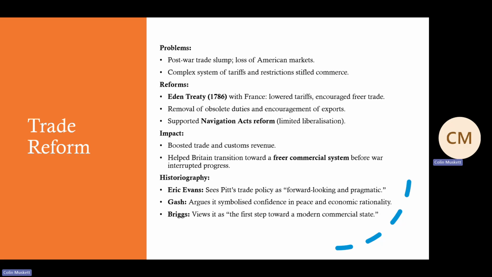I mean, the whole debate around tariffs and free trade was something perhaps we associate more with Peel. As we'll see in a future lesson, in the 1840s, Peel, of course, got rid of the Corn Laws.